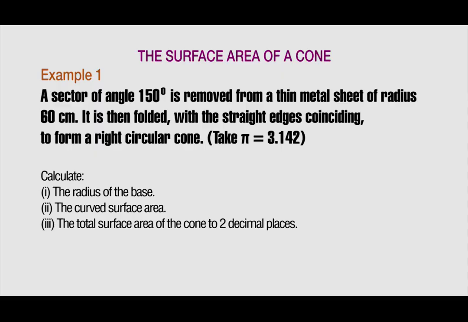Shall we take a few examples to illustrate what we have so far discussed? A sector of angle 150 degrees is removed from a thin metal sheet of radius 60 centimeters. It is then folded with the straight edges coinciding to form a right circular cone.